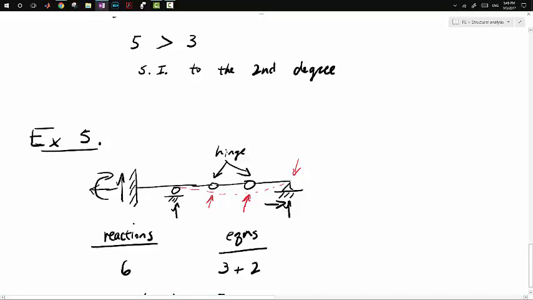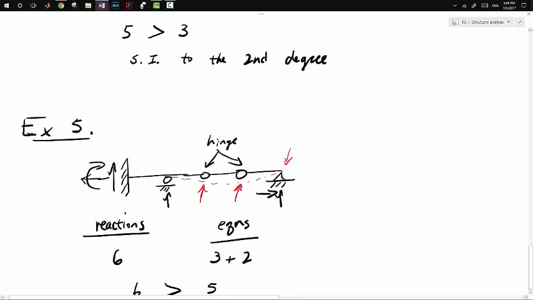And one definitive way to know if there's an internal instability is if you have 3 moments that are equal to 0 in a row in a structure, then you will have an internal instability. So again, this is all lying on the same axis, and we have 3 points here, 3 nodes here, where all of the moments are 0.